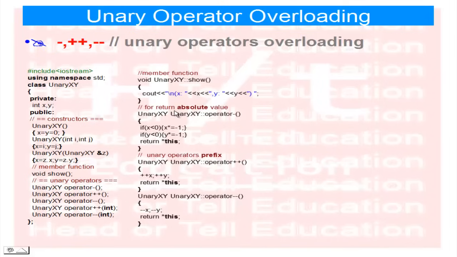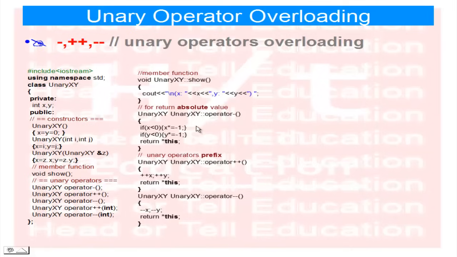Okay, now we come to the unary minus operator. This will give the absolute value, like a modulus. So if we have minus x or minus y, this is checked. The return type of this function is unary xy. This is the class object and the function belongs to the unary xy class, and operator minus.